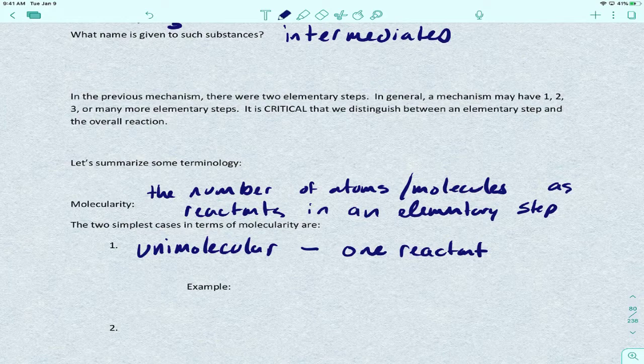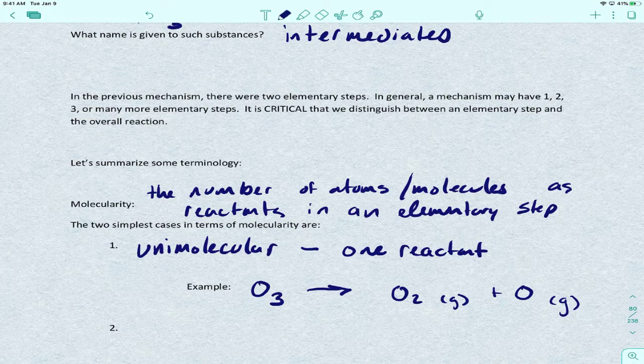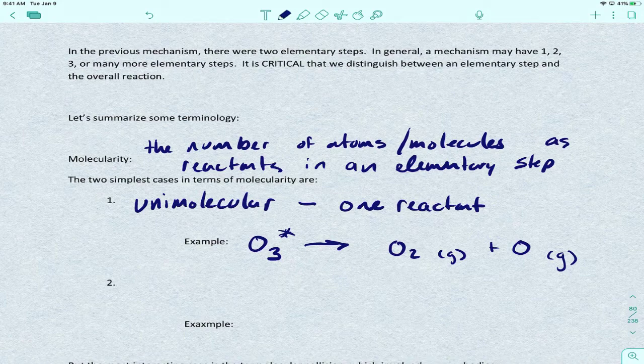An example of that kind of reaction is taking ozone, O3, and ozone breaks apart to form O2, plus you have an oxygen atom that's free. And usually ozone is in an excited state, so I'm going to put a star next to it that tells us excited. Okay, so that's that. If you have one reactant in the step, that's unimolecular.